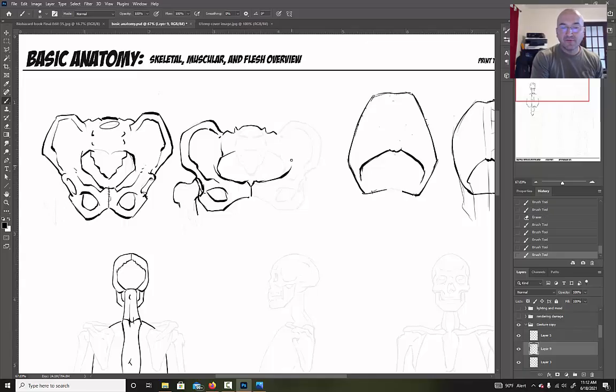These little differences are really good to familiarize yourself with, so on the fly when you're doing your drawings you can make the necessary adjustments between male and female. It's just going to make your life easier in the long run if you understand these differences and how and why they work.